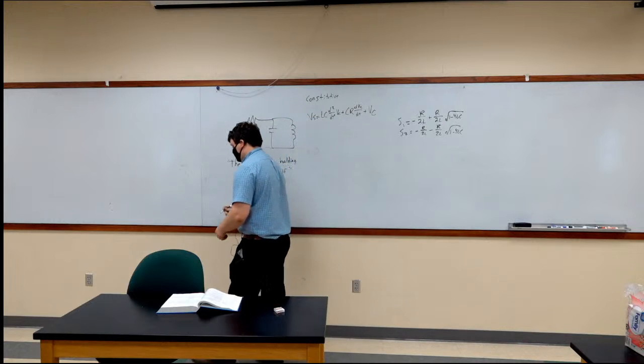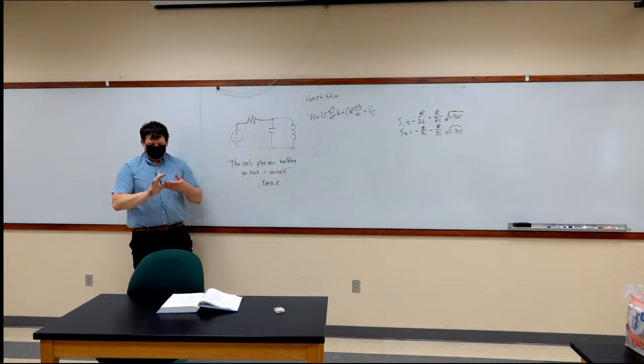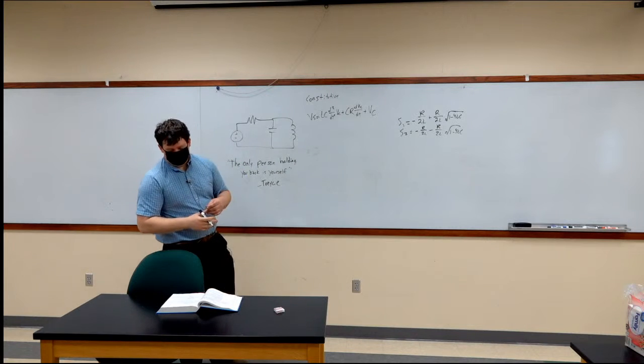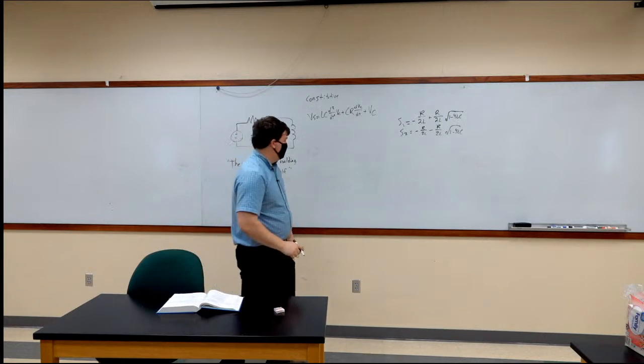Okay, so it turns out we can arrange this equation a little bit to get it to look a little differently. We're going to put this equation in the following form.